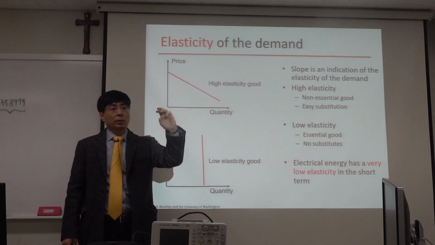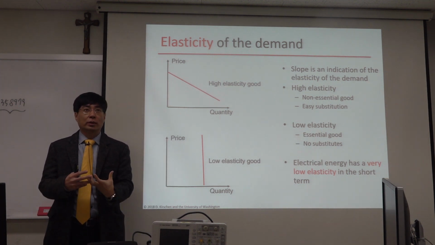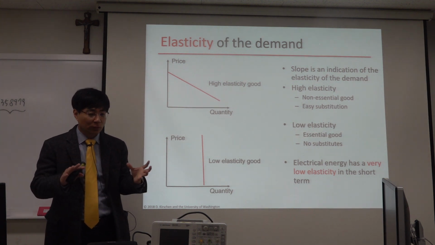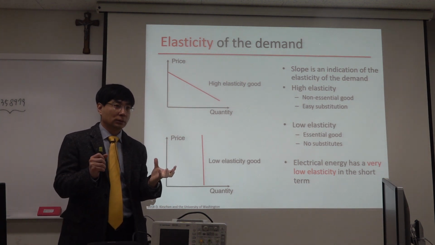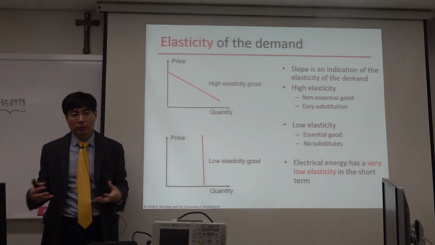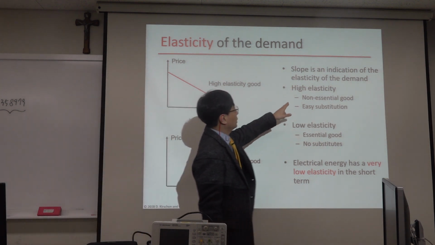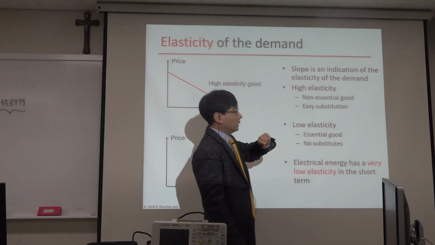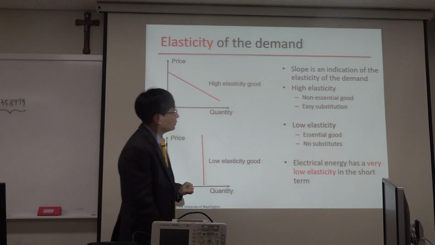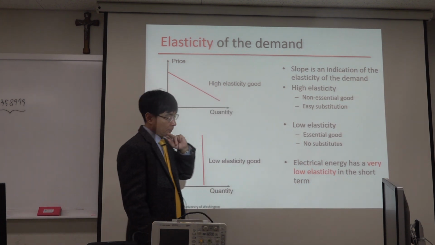The reason is because when the price is very high, you reduce your consumption a lot. That means you don't need that good, right? So if the price is very high, I can reduce my consumption for that good. So high elasticity means that good is not essential for your living. Okay? And you can find substitutions.